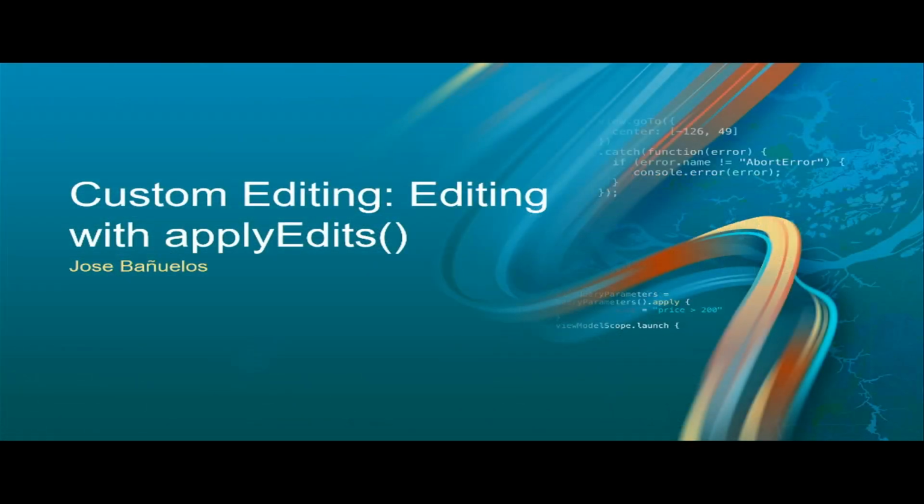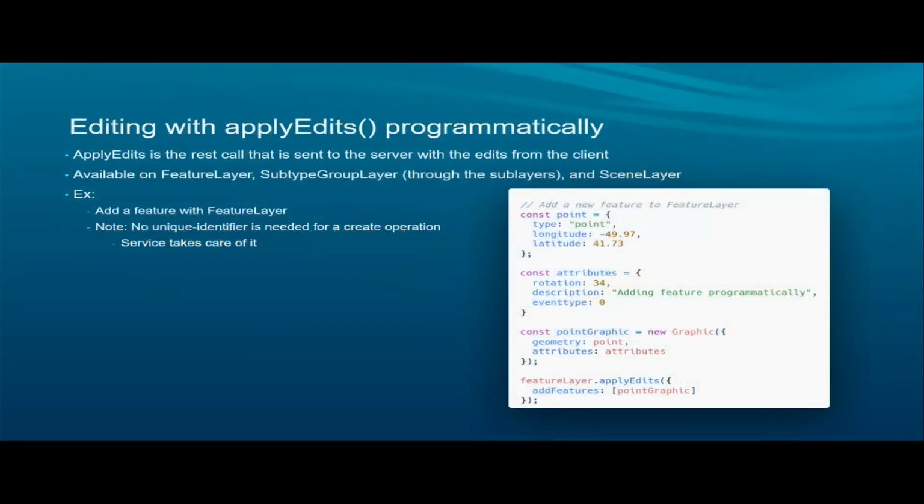So now let's get into applyEdits editing with the JavaScript SDK. So programmatic editing. This is before the editor widget component was available. This is what we started with, featureLayer.applyEdits. So we're programmatically editing our data.